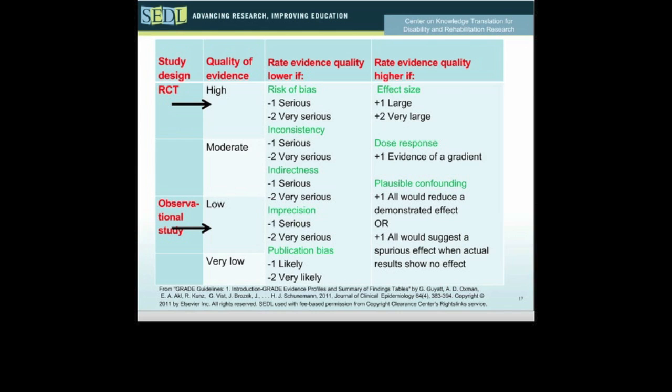Or if your systematic review of the evidence indicates that there is more or less zero effect size, there may be circumstances where any confounding you can think of would have pushed the effect size away from a positive one into 0. So let's start looking, we'll start looking at this in a minute.